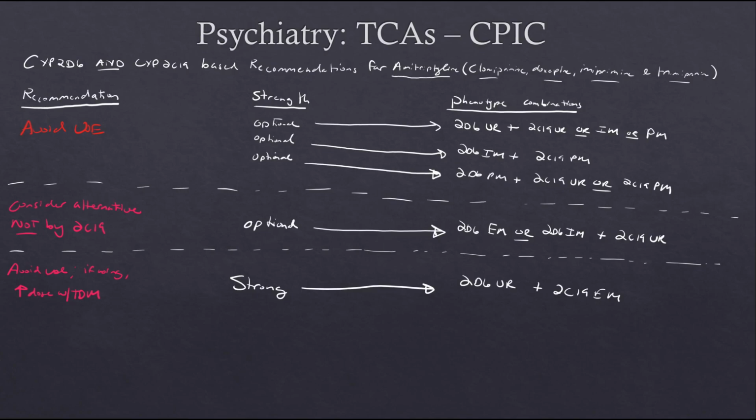So a little bit different than the previous recommendation, where if you had a 2C19 ultra-rapid metabolizer, they actually tell you to consider a different drug, but the level of evidence there is optional, meaning that it's not quite as strong. But here there's sufficient evidence to suggest that you could avoid use or use therapeutic drug monitoring for someone who has a 2D6 ultra-rapid metabolizing status, along with 2C19 extensive metabolizer. Now, let's take a look at the next recommendation.